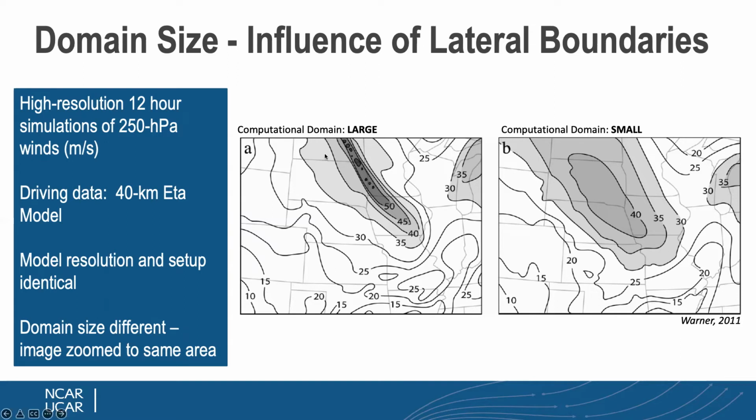You can see the one on the left that was simulated on a large domain has a very well developed trough, while the one on the right-hand side has a wide trough structure. Although I'm not showing you this, the one on the right looks very similar to the driving data. And in this case, nothing was gained by running a downscale experiment on a very small domain.